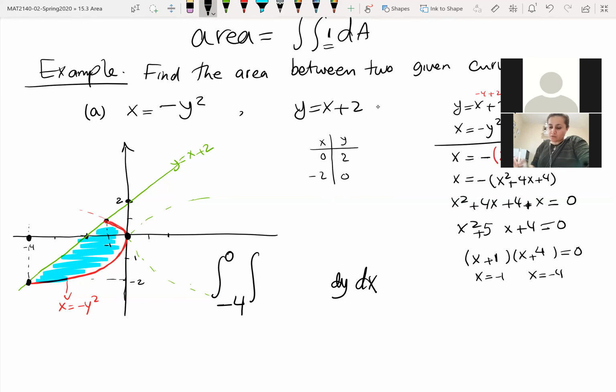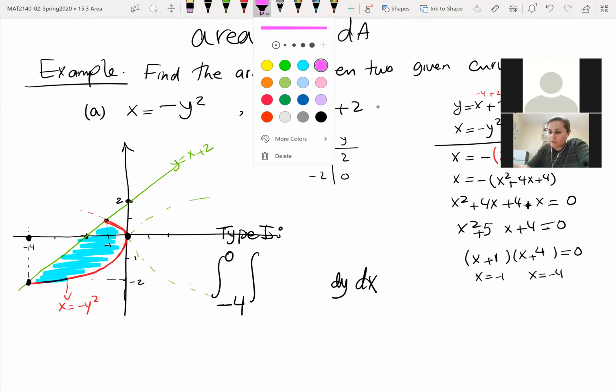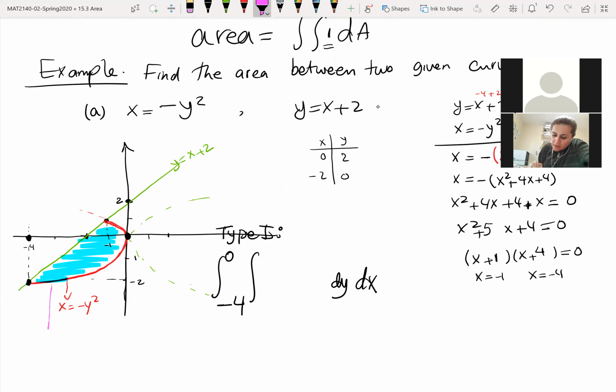So this is what I'm writing as type 1. I wrote first my x's from the minimum to the maximum, and then the limits for the y's. Let me bring a different color here, maybe pink. When I'm moving on the y, I have to hit this one first and this one next.